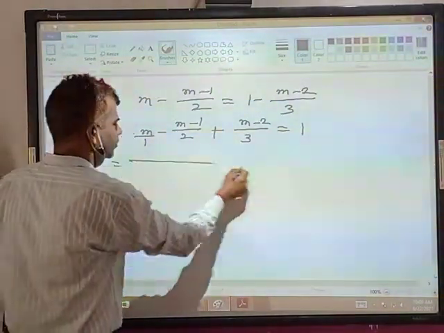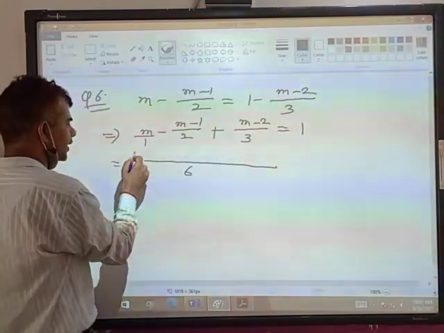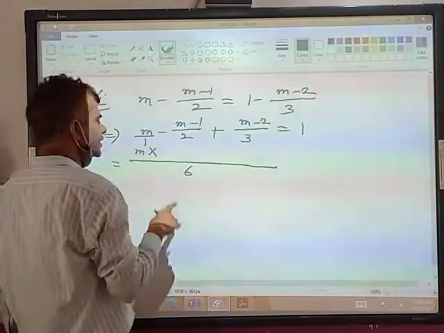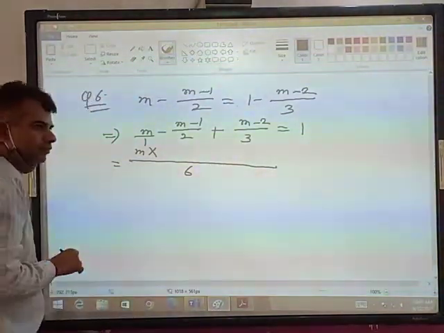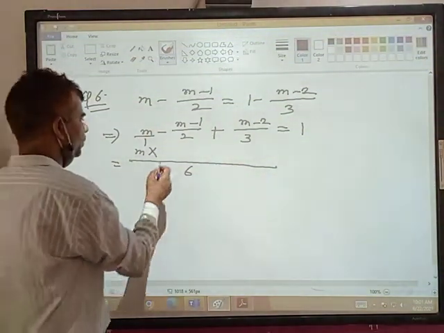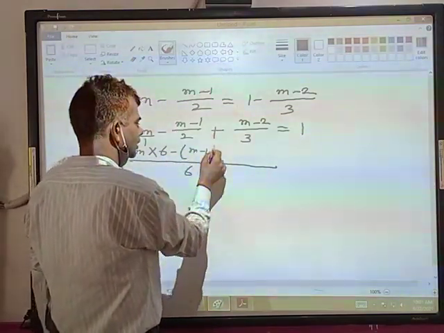Student, the LCM of 2 and 3 is 6. How many times does 6 come in the table of 1? 6 times. 1 sixes are 6. Now student, minus (n minus 1).